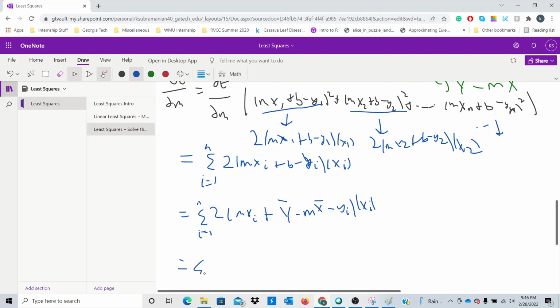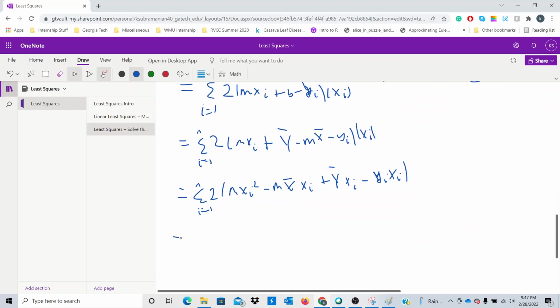So this is going to be the summation from i equals 1 to n of 2 times m x sub i squared minus m x bar x sub i plus y bar x sub i minus y sub i x sub i. And then now what we'll do is expand this sum out.